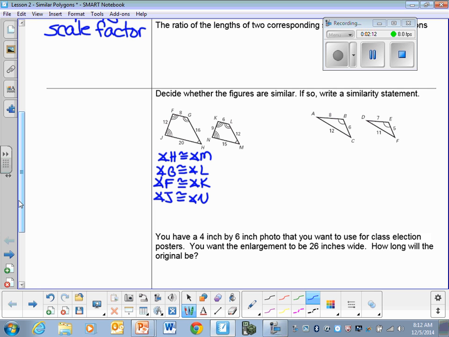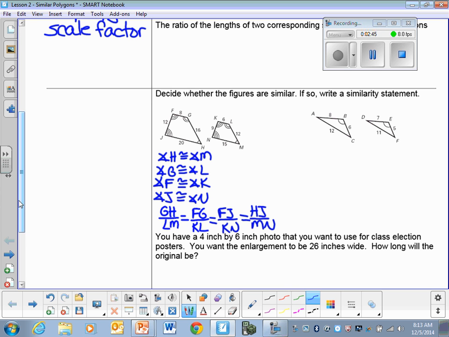The second criteria is that corresponding sides are proportional. So that means that GH over LM will have to equal FG over KL, which has to equal FJ over KN, which has to equal HJ over MN. So let's take a look at those numbers.